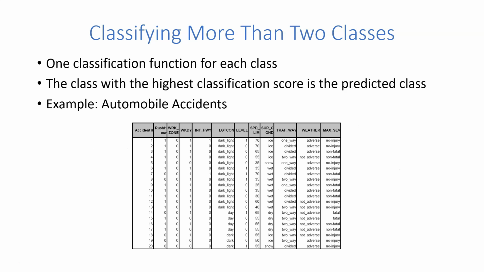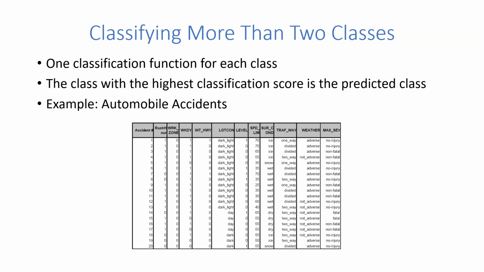Since one of the key advantages of discriminant analysis over logistic regression is that it can deal with more than two classes, we are going to look at a problem that deals with more than two classes here. The concepts are still the same. For cases where there are more than two classes, one classification function is generated for each class.